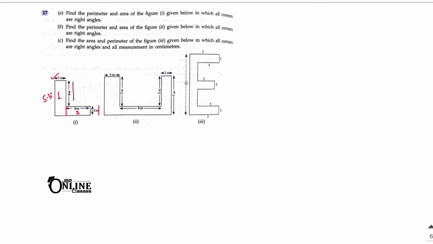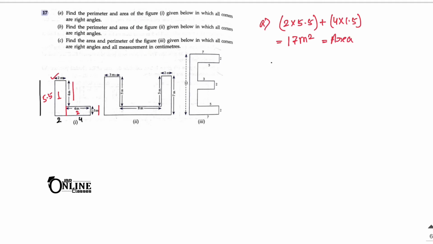This is the second rectangle. In the second rectangle, length equals 4, breadth equals 1.5. So here total area equals 2 into 5.5 plus 4 into 1.5, and that equals 17 meter square. So 17 meter square is the area.